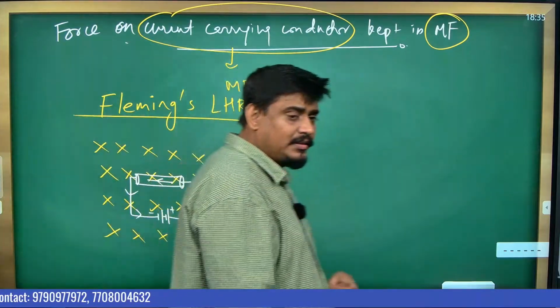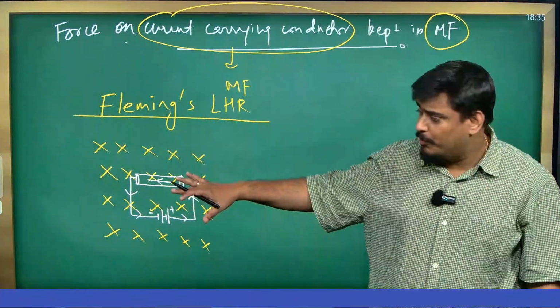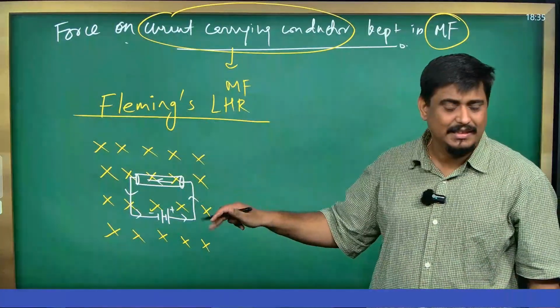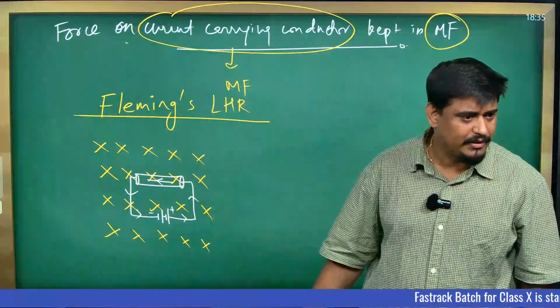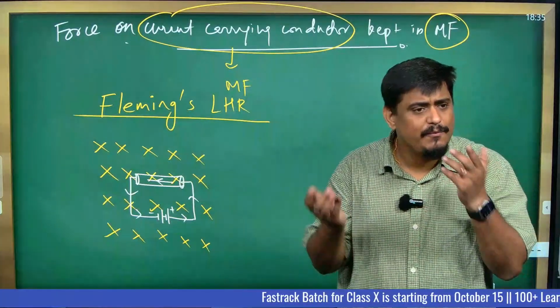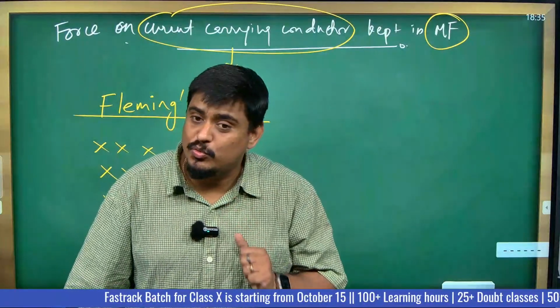What will happen? The conductor carrying current will produce a magnetic field around it. Already there is a magnetic field, the existing into the plane magnetic field. These two magnetic fields will interact. If they interact, force will act. Let us check that.